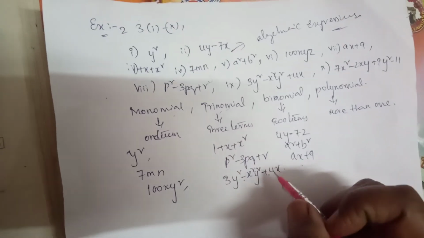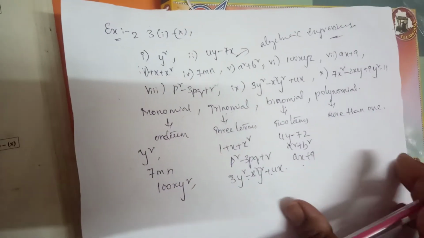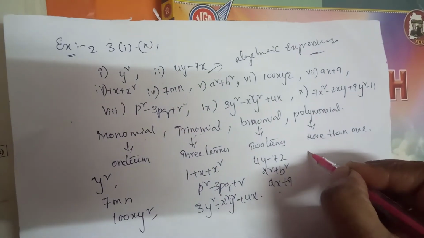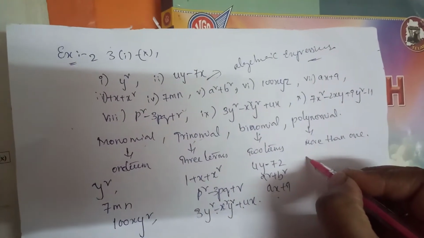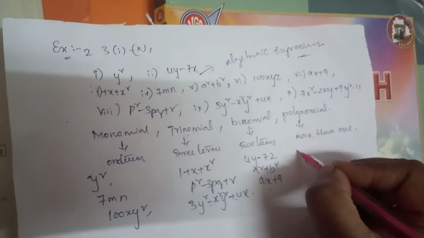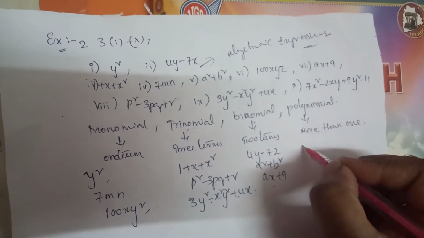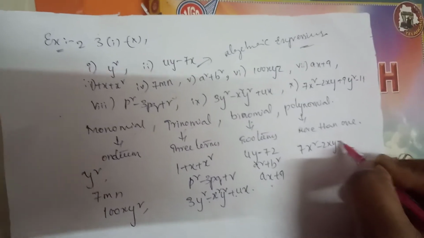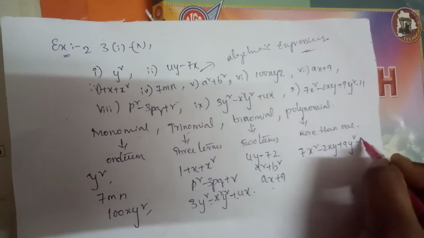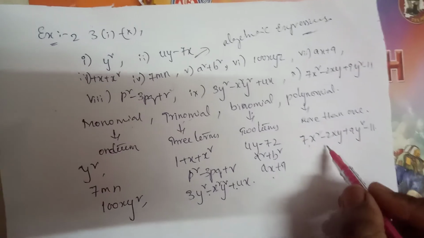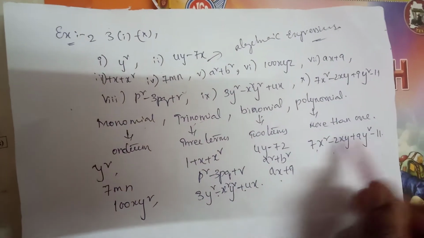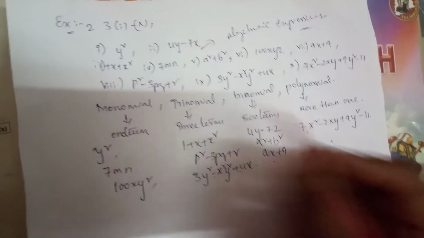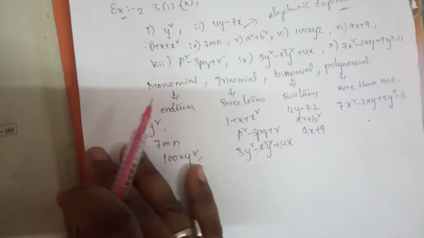No. So these are the 2 terms which we call binomial. What are polynomials? More than 3 terms. We can see the 10th one, 7x square minus 2xy plus 9y square minus 11. 1, 2, 3, 4. Having 4 terms, it is called a polynomial. Did you understand? Copy in your classwork.